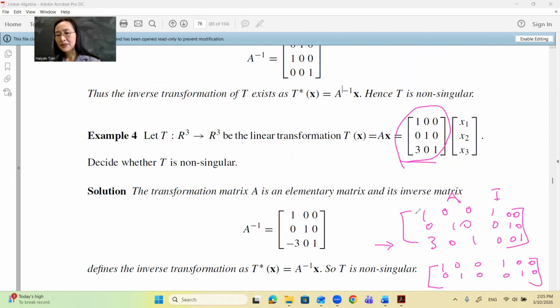So the first row times -3 will be added to the third row to make it 0. So we get a 0. We still have 0. Add here, this 1.